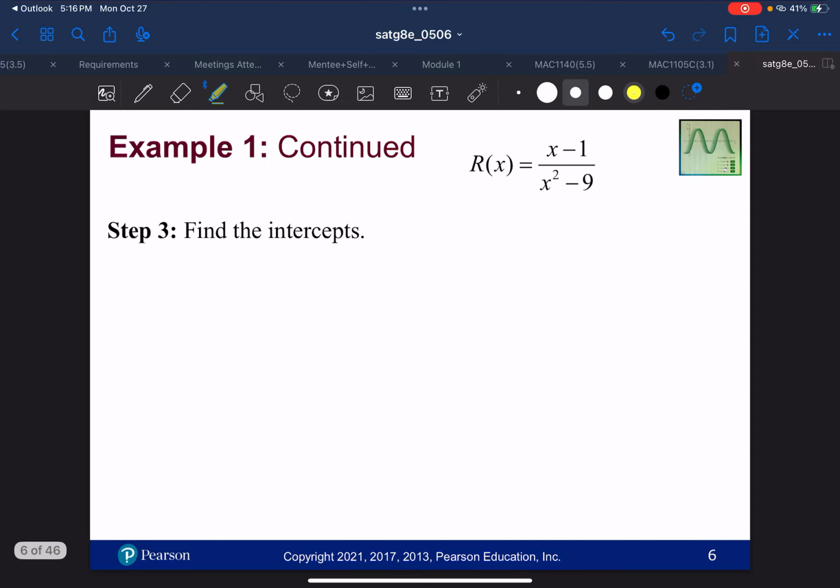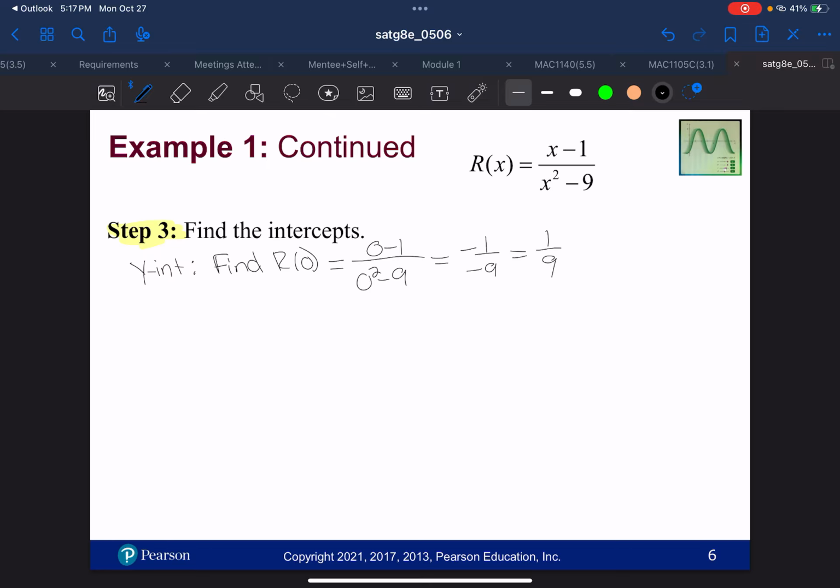All right, step 3 is we're going to find the intercepts of this function. So to find the y-intercept, we will plug 0 into the function. So r of 0. And this will give us 0 squared minus 9, so negative 1 over negative 9, which is positive 1/9.